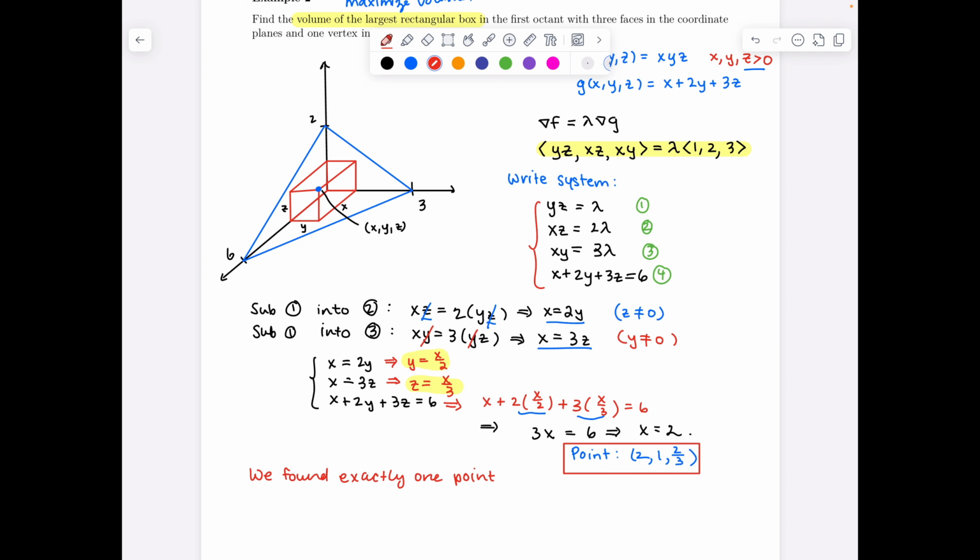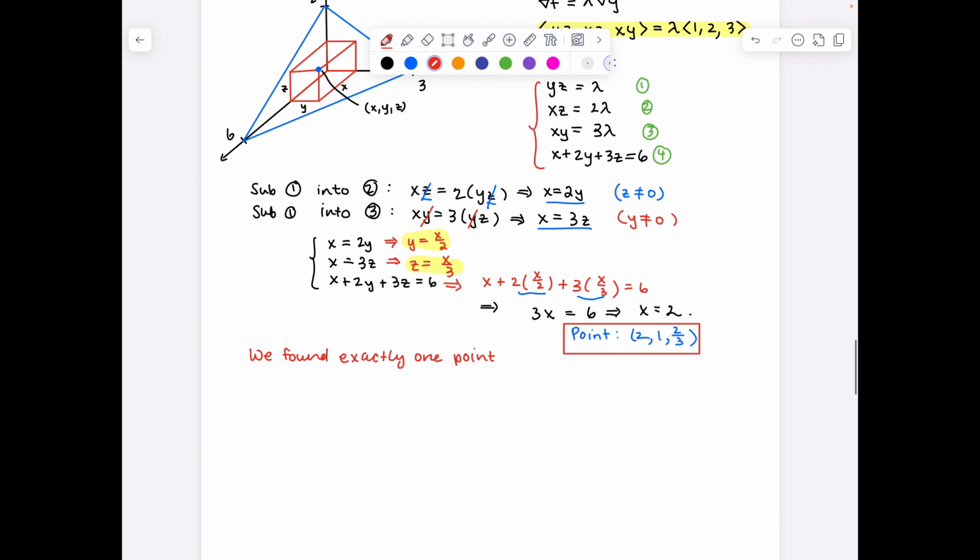If there's only one point, that tells me that I only have one extreme value, and we might feel bothered by that. So the question is, though, of the one point that I've got, why must this point be the location of an absolute max?